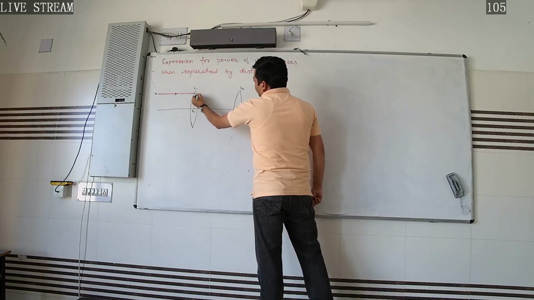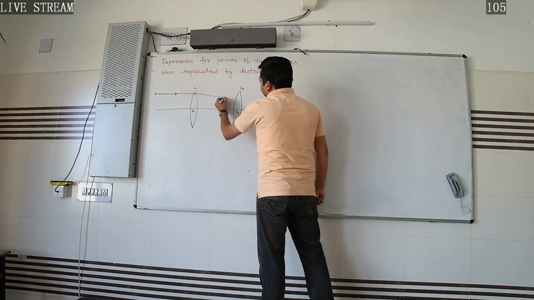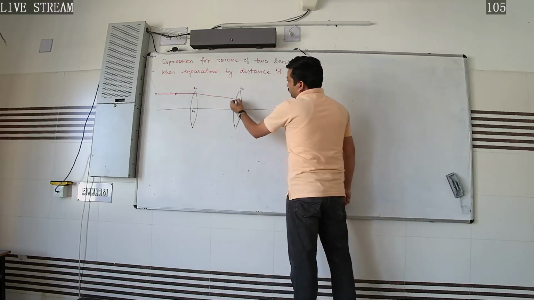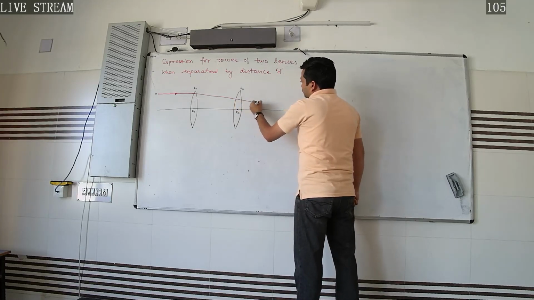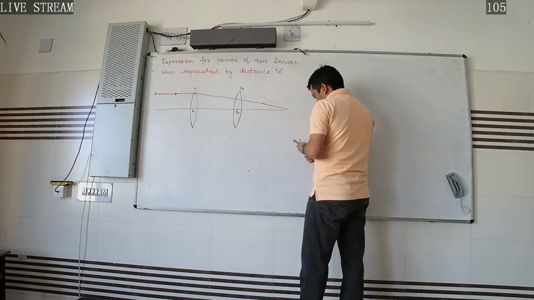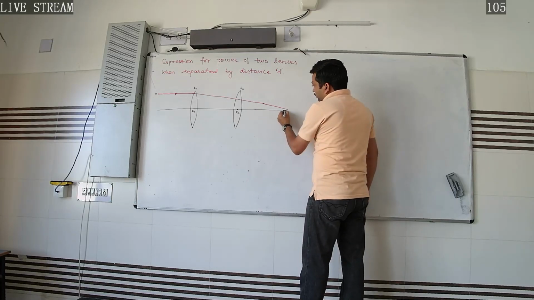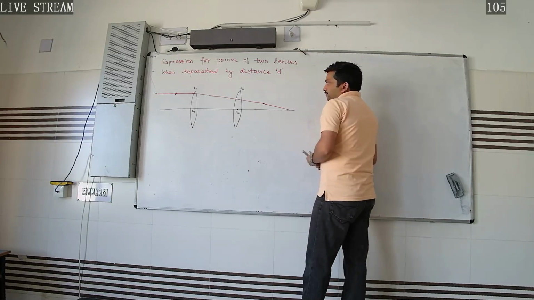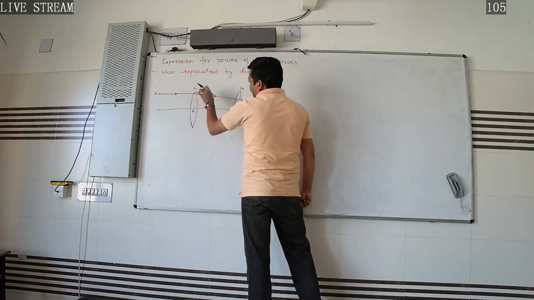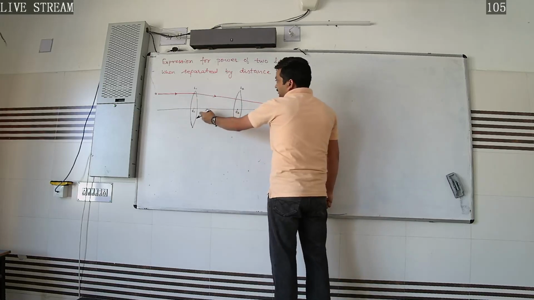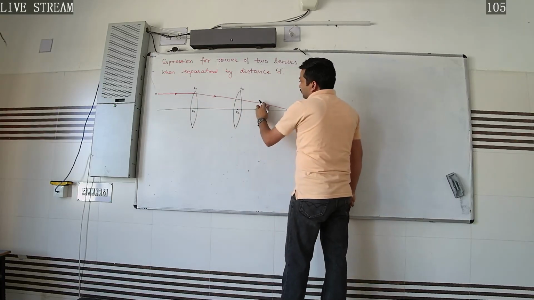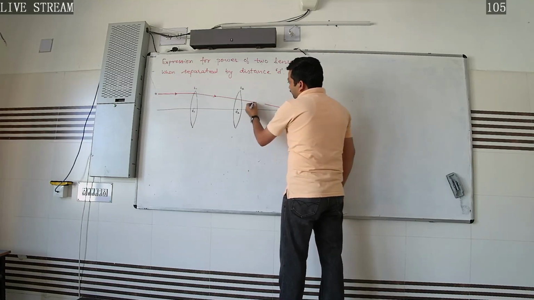After suffering the refraction, let us consider this ray of light, in the absence of lens L2, gets converged at F1, because according to the rule, a ray of light traveling parallel to the principal axis, when it suffers refraction from lens L1, as it is a converging lens, passes through its principal focus.